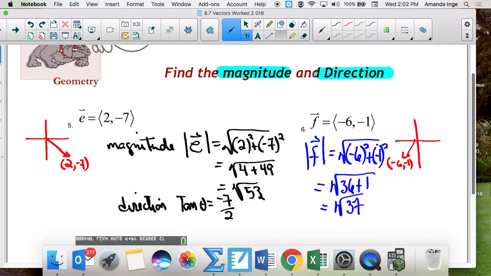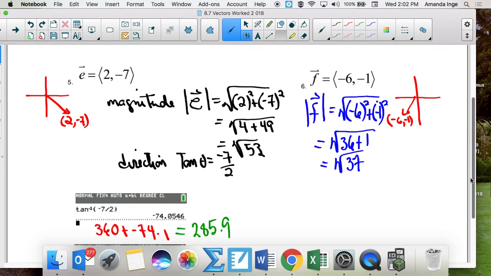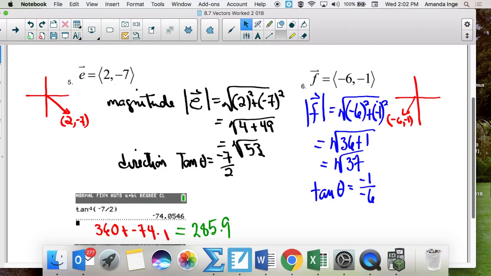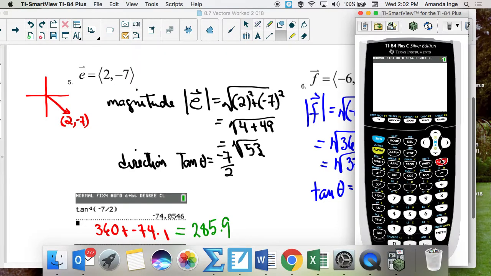All right. So then the direction is the tangent of theta is equal to negative 1 divided by negative 6. So we have second tangent. Negative 1 divided by negative 6 is 1 over 6.